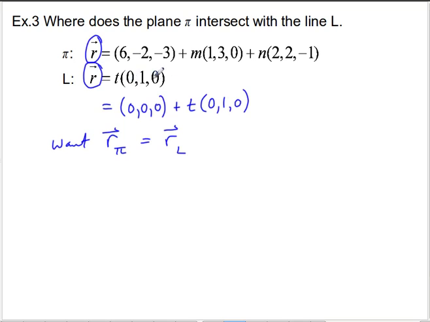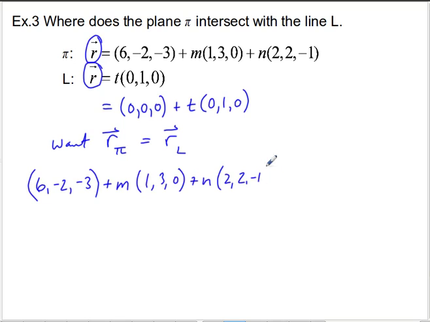And so what we are going to do is take the vector equation of the plane, which is 6, -2, -3, plus m 1, 3, 0 plus n 2, 2, -1.